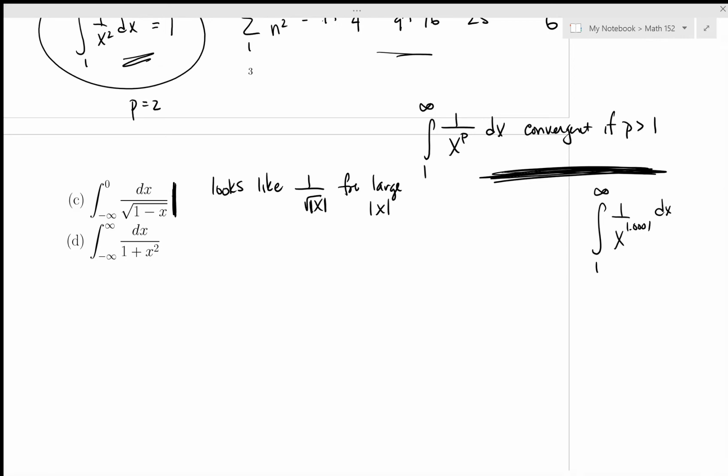Okay, so what does this kind of look like? It kind of looks like 1 over the square root of x, since this little 1 doesn't make a big difference when x gets big. So that means it looks like 1 over x to the half. So I'm expecting this thing to diverge. And now I'm going to proceed, but I've committed. Maybe I should be committed. Okay, this is the integral we're doing here.